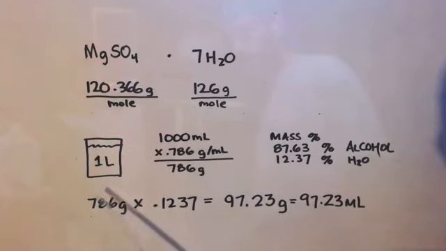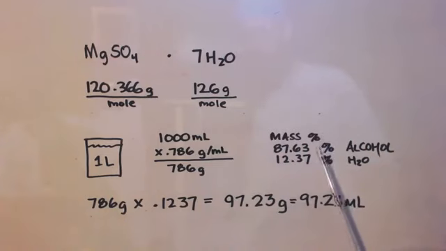Let's say I have a liter of 91%, right? That you get at the volume percentage, the rubbing alcohol at the store, right? That's 1,000 milliliters. The density is 0.786. So I multiplied that to see how many grams I got. This should weigh 786 grams, right?